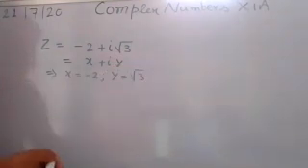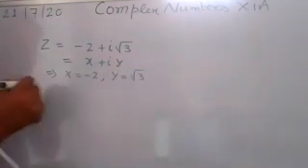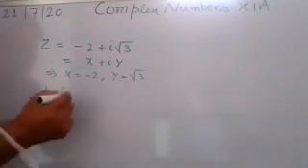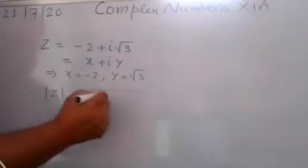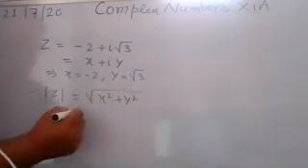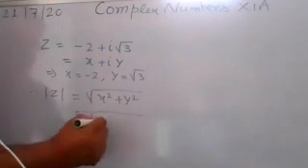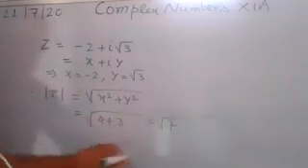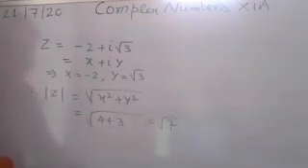First of all, you find the modulus of z. The modulus of z, mod of z, is equal to under root x square plus y square. Putting the values, you have 4 plus 3, which is root 7. So root 7 is the value of modulus of z. Now, if you want to find its argument, you have to find the value of tan theta.